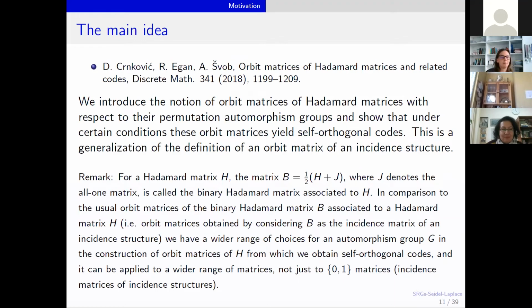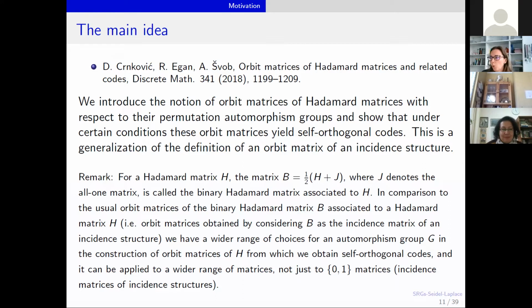Okay, so we are now approaching the fact that was crucial for our studies, which are two papers that I will now mention. In this work, we generalized the notion of orbit matrices of incidence matrices to orbit matrices of Hadamard matrices.